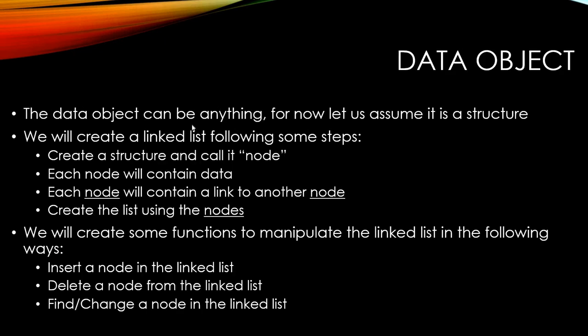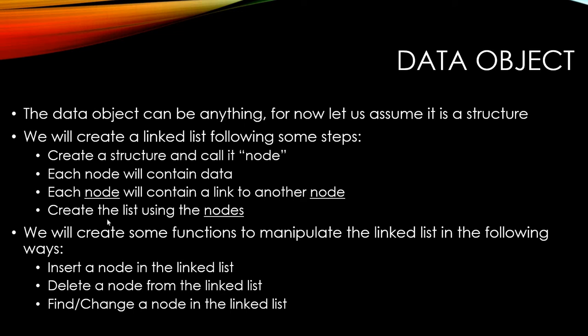Okay, so the data object can be anything, but for now let's assume that it is a structure. So what do we need in that structure to actually create a proper linked list? We'll see that now. We'll create a linked list following some steps. Create a structure and call it node. We'll call each of those data objects a node. Each node will contain data, as we already said, and also a link to another node.